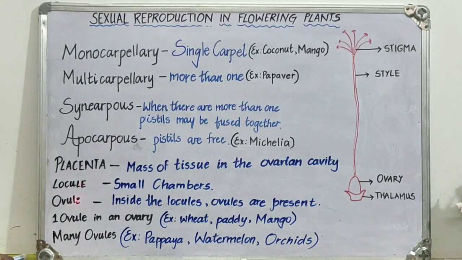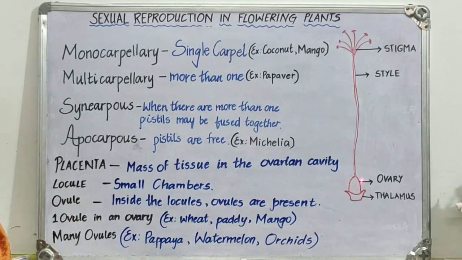Ovules will become seeds. That part I didn't write here, but it is your duty to remember. Ovules will become seeds. The ovary becomes the fruit when it is fertilized or ripened, whereas ovules will become seeds.